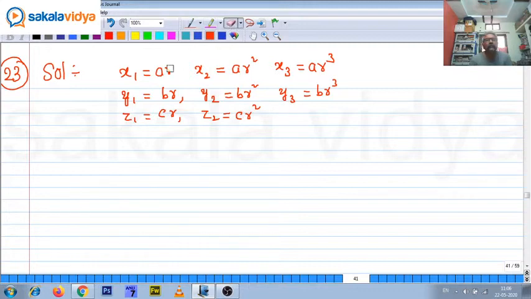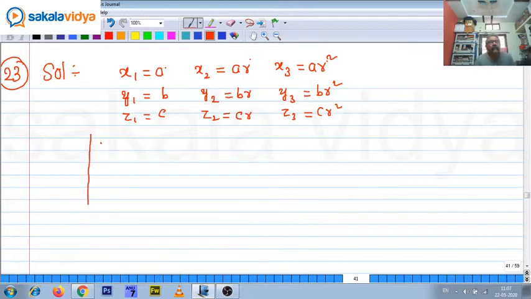Sorry, one minute. So x3 equals a r cube, y3 equals b r cube, z3 equals c r cube. Find the determinant of x1 y1 z1, x2 y2 z2, x3 y3 z3.